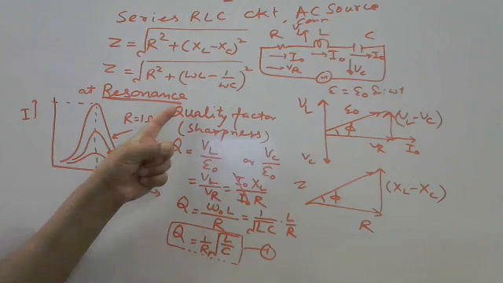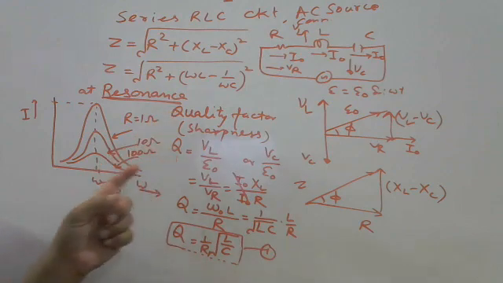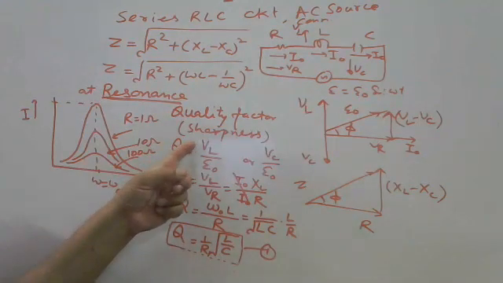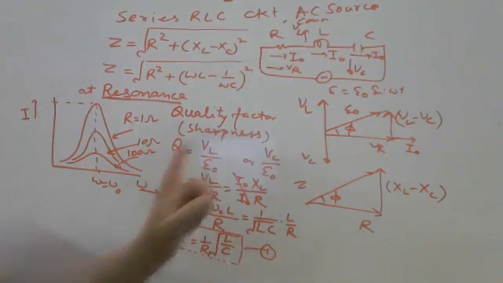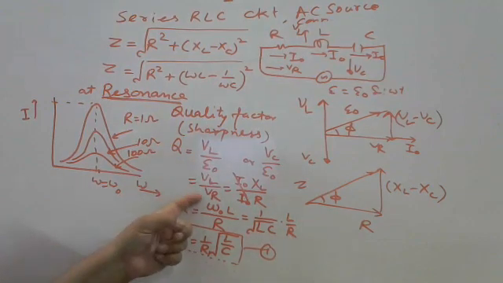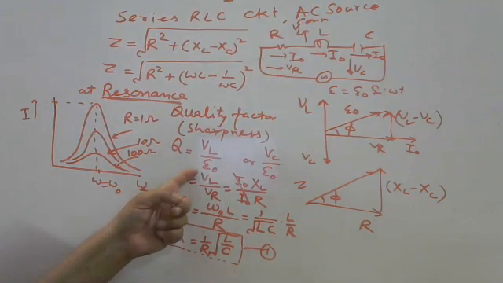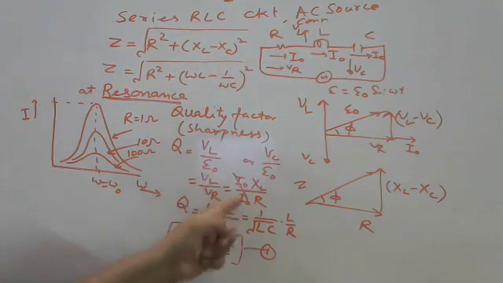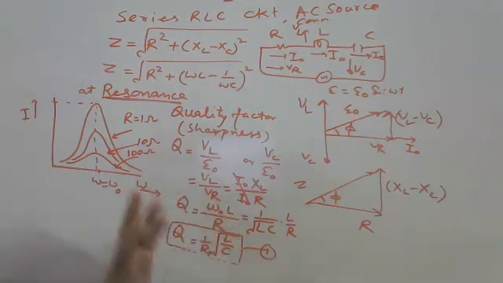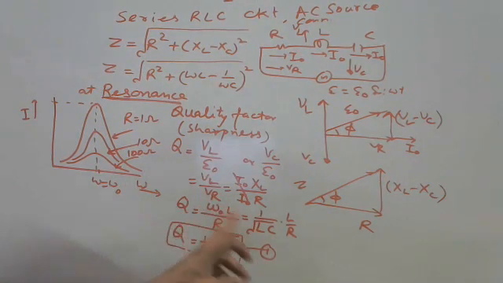Can you see this derivation of quality factor? Very simple. It is defined as the voltage across L or C upon the applied voltage. Applied voltage equals VR. Putting the values of VL and VR, I naught XL and I naught R, I naught cancels out. XL is omega naught L at resonance, omega is 1 upon under root LC, L cancels out.